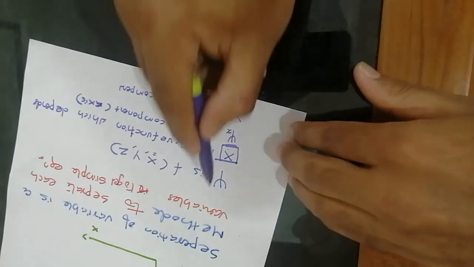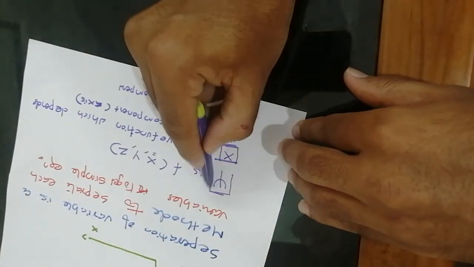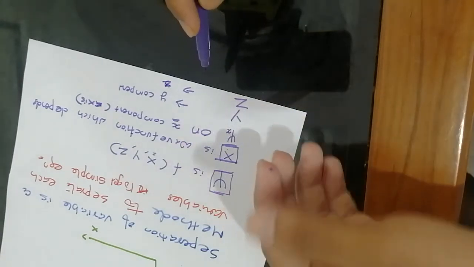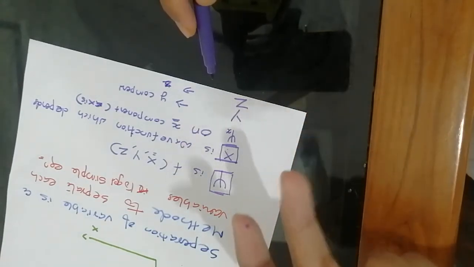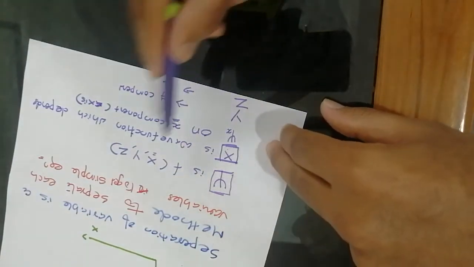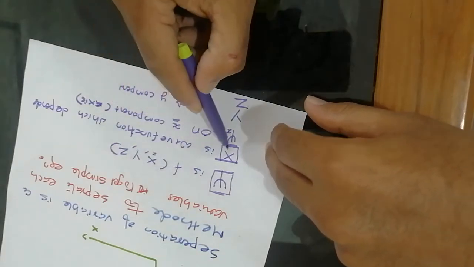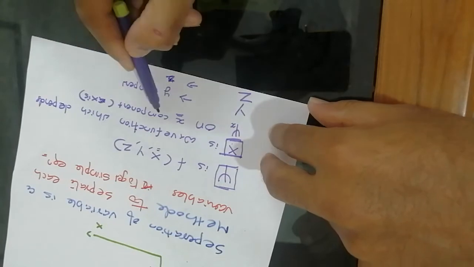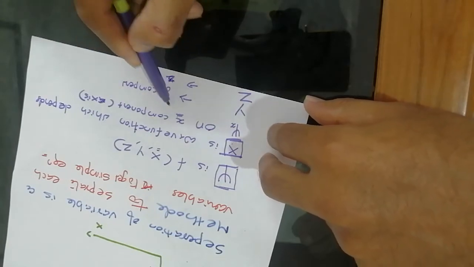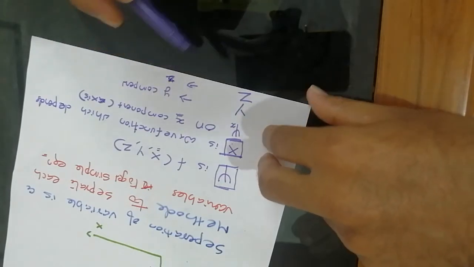Therefore, we assume psi is composed of three different wave functions, X, Y, Z, each varying with respect to the corresponding component only.